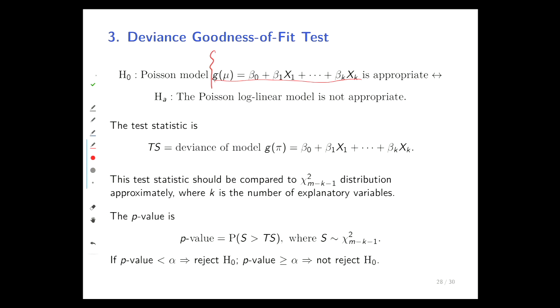For the Poisson log linear regression model, we actually have three assumptions. The first is the Poisson distribution assumption. The second is the generalized linearity assumption. And the third is the independence assumption.